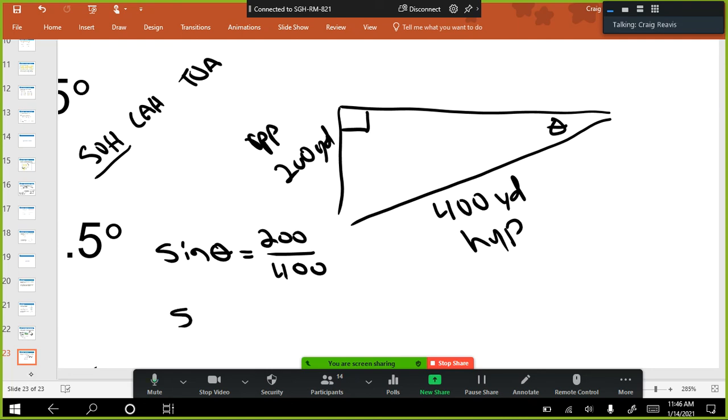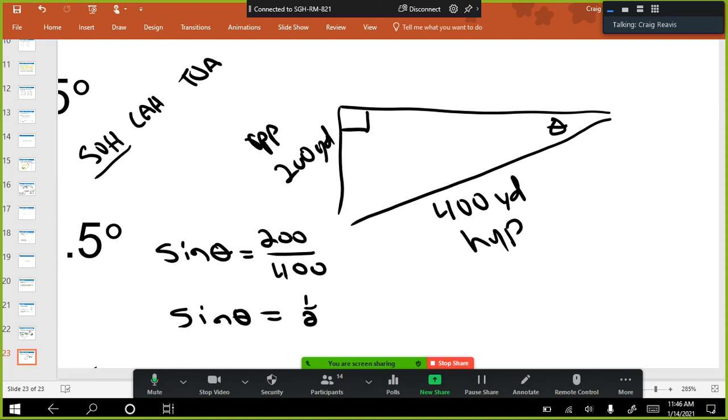Which is 1/2. The sine of theta equals 1/2. Now, that was one of those special triangles we did earlier, where sine counted up 30, 45, 60 to square root of 1, square root of 2, square root of 3. So I believe this is going to be 30 degrees.